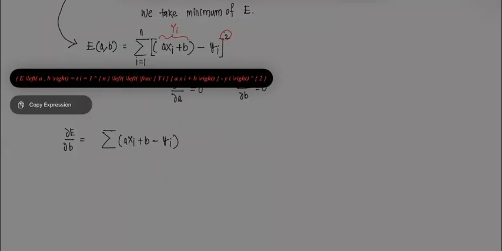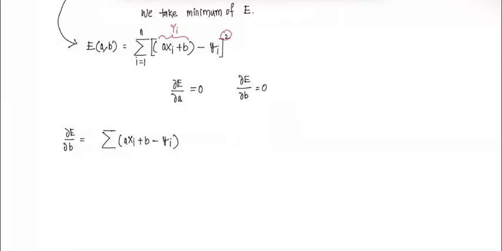As you remember from differentiation, the coefficient is 2. This is from i equal to 1 to n, and this is equal to 0.